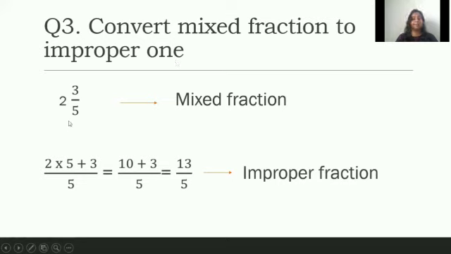The divisor is 5, and the whole number will get multiplied, and the numerator, the remainder, will get added. Look at this: 2 multiply 5 plus 3. So 2 5s are 10 plus 3, 13, and divided by 5. So this is the improper fraction.